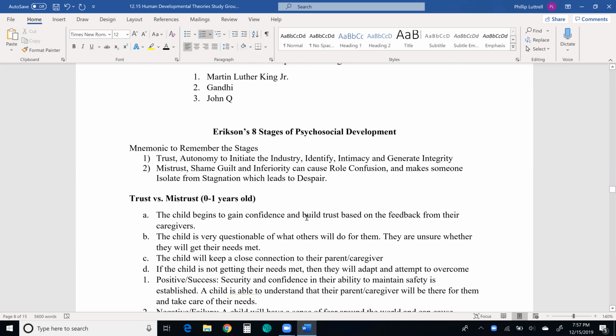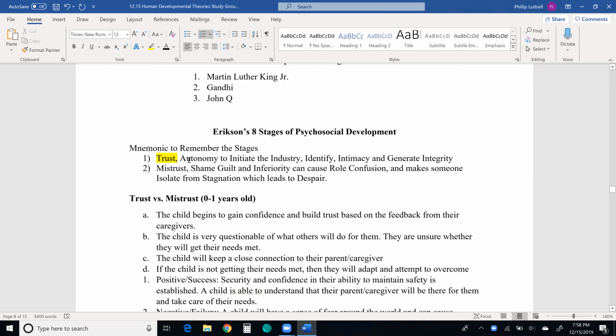So we will go on to Erikson's 8 stages of psychosocial development. So mnemonics to remember the stages here, we're going to be looking at trust, autonomy, initiate, industry, identify, intimacy, and generate, integrity.